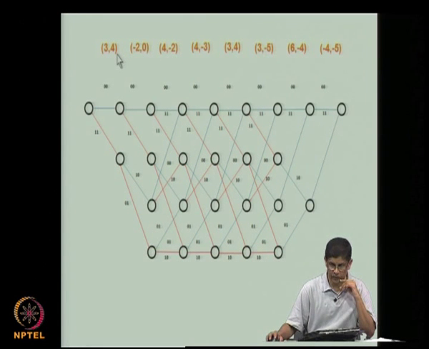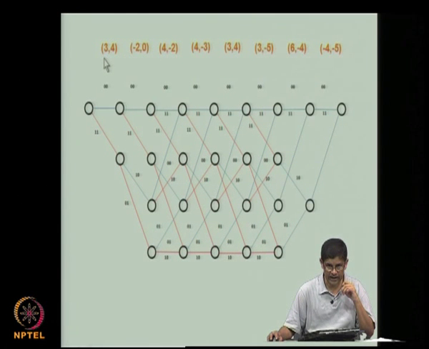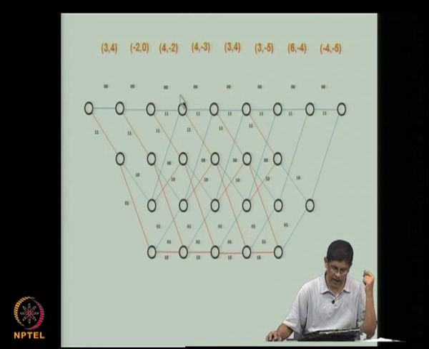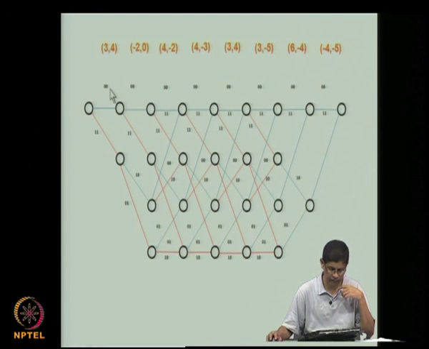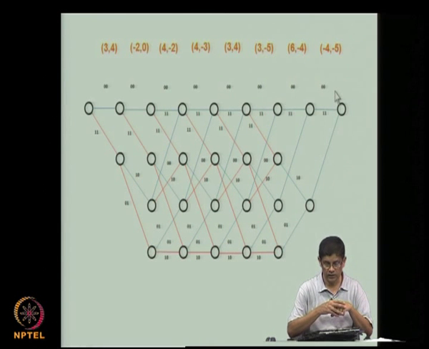So, these are the received symbols y t 1, y t 2. For t equal to 0, this is y t 1, y t 2 for t equal to 1 and so on. And in this case we have 1, 2, 3, 4, 5, 6, 7, 8. So, in fact n is equal to 8.